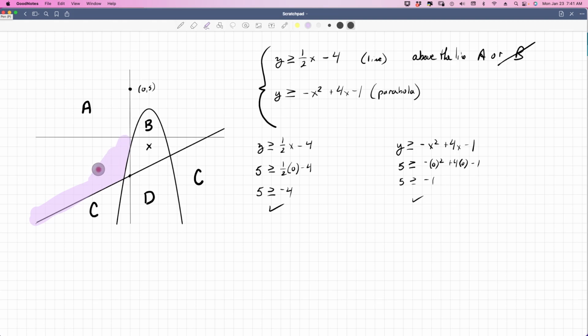So whenever we draw this on our graph, we would make a solid line for this line, and then we would make this solid line for the parabola because it would include this parabola line as well.